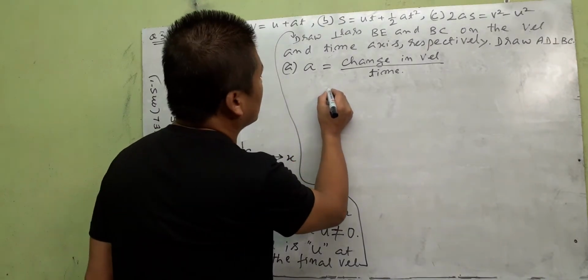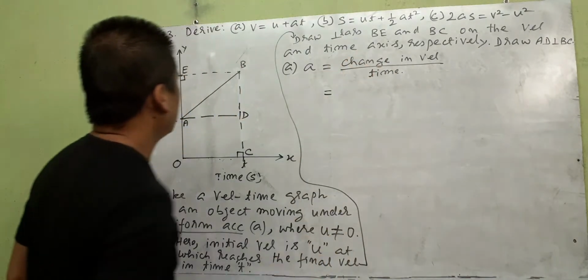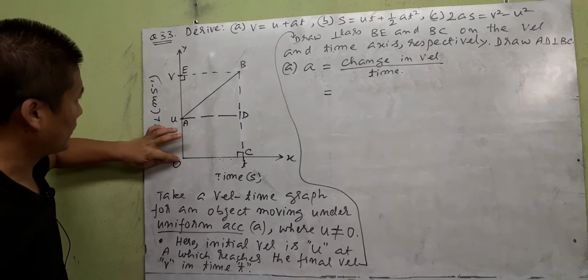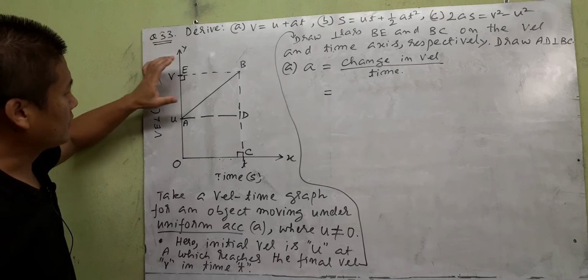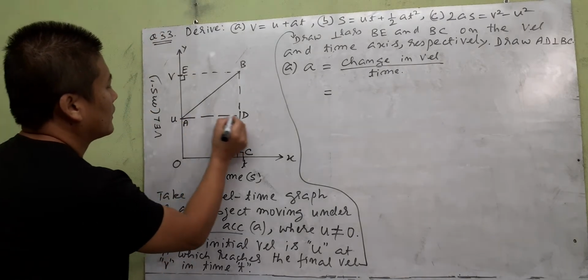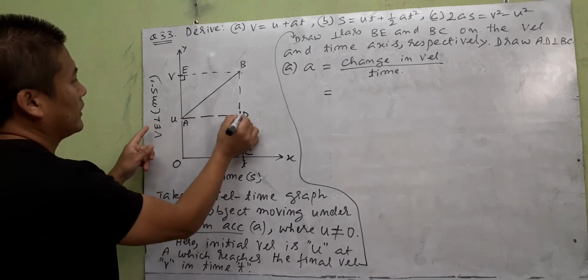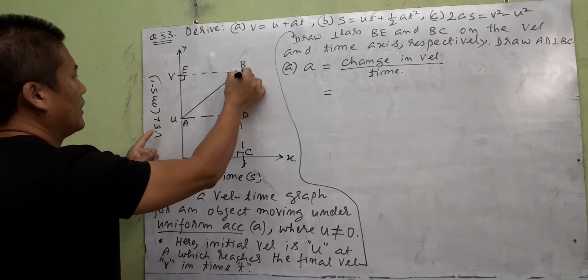Now we know that here, change in velocity, this is the velocity graph, this side here, velocity value. So this change in velocity is as it moves from here to here. The velocity was here u, value u, and when it reached this B, it became v.